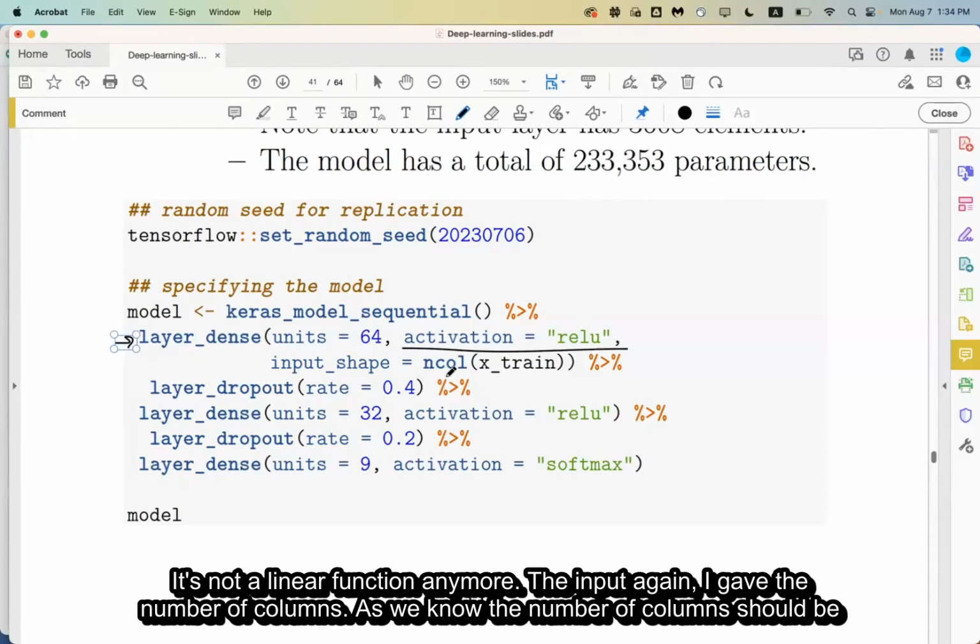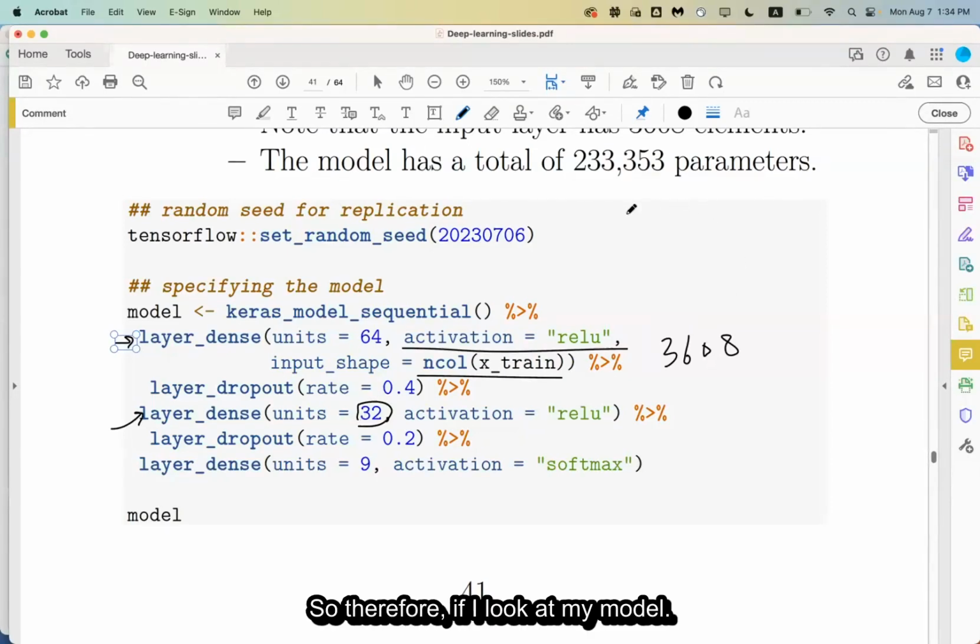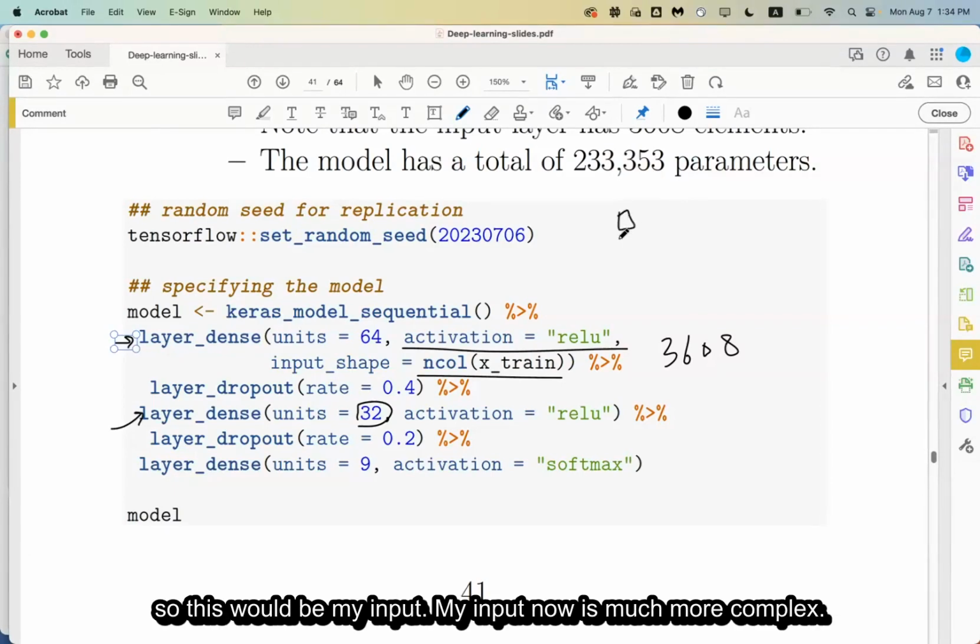The input shape, again, I give the number of columns. As we know, the number of columns here should be this. Right? So this is the first layer. Then my second layer is a layer with 32 nodes.